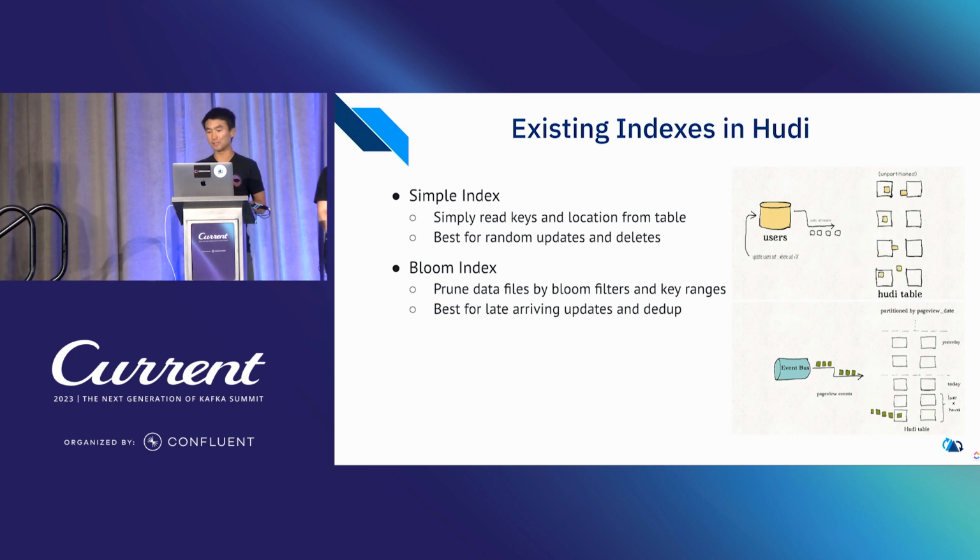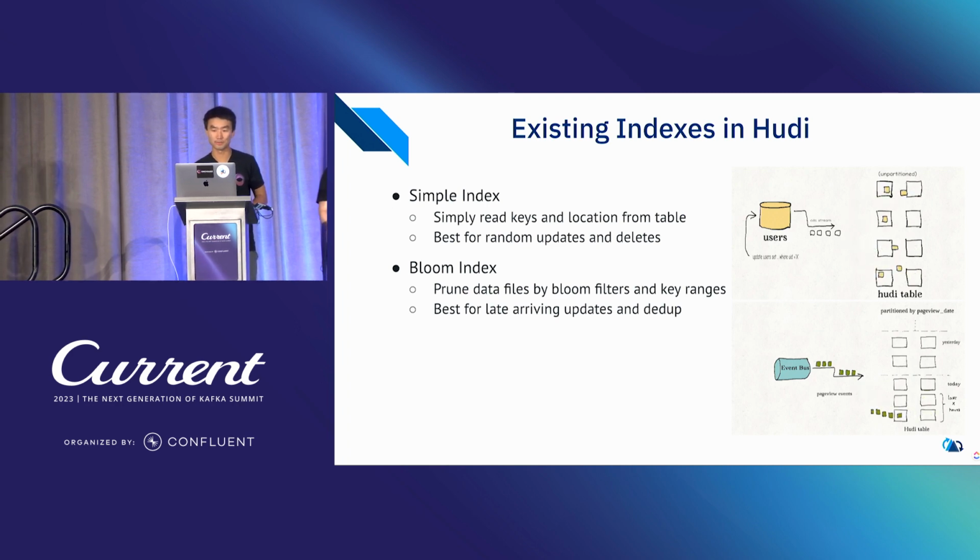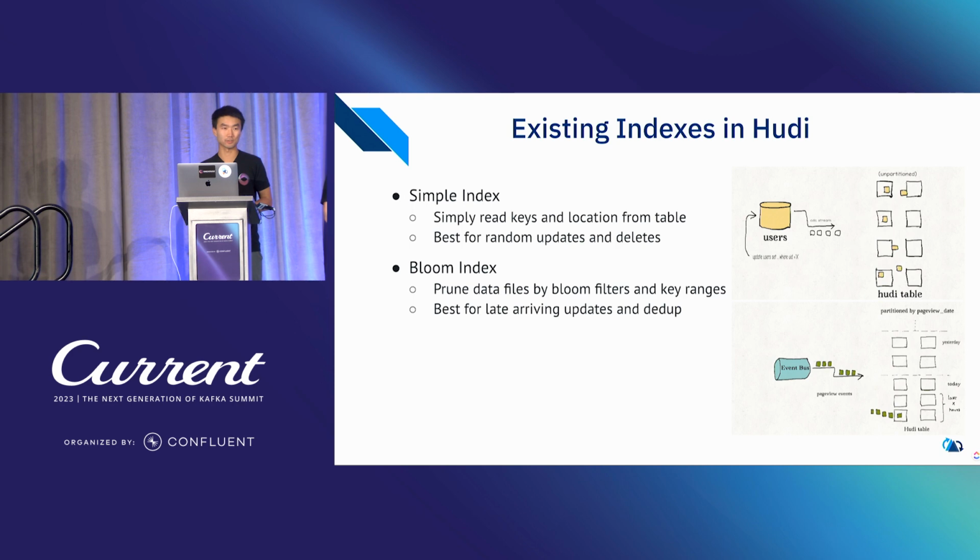Bloom index uses Bloom filters co-located with the data files, which have a very low storage footprint, to prune the files first by filtering out the data files that are irrelevant. This avoids reading all the keys from all the files, so it can significantly reduce the I/O if only a small portion of data files are going to be updated.